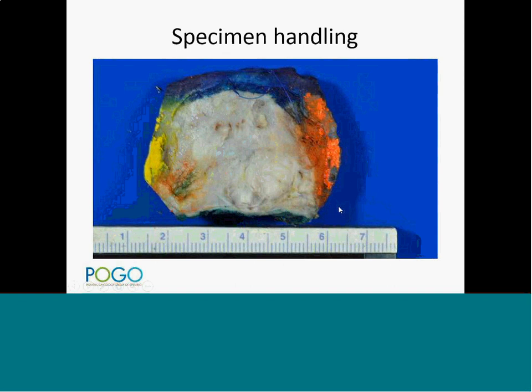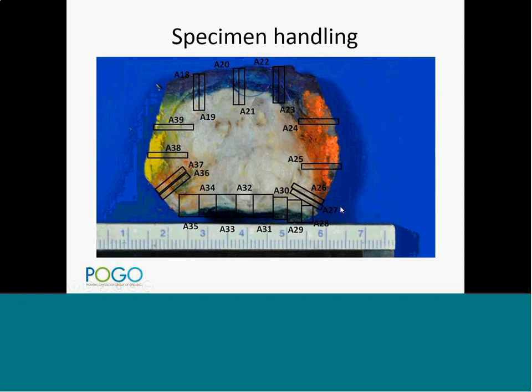If you go to the next slide, you can see we've documented the block code there so that if you do have positive margins, we can pinpoint exactly on the specimen where that lies, and obviously let the surgeon and treatment team know, in case there might be some planned treatment or re-excision if necessary. That's a little bit about my experience in handling biopsies and resection specimens.